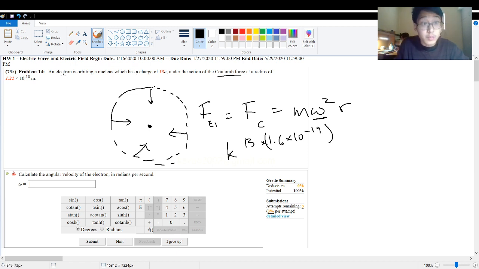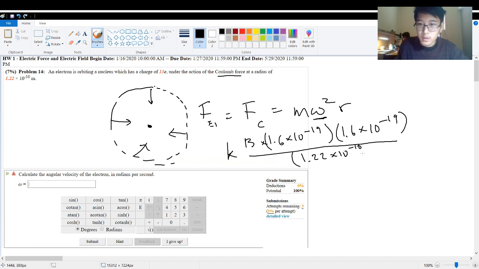Oh wait, hold on. Times the charge of an electron. This is the charge of the nucleus. The charge of an electron is also 1.6 times 10 to the power negative 19, divided by the radius squared, and the radius is 1.22 times 10 to the power negative 10, squared.